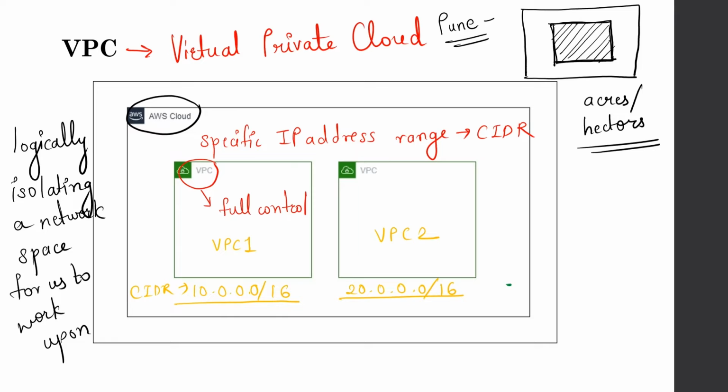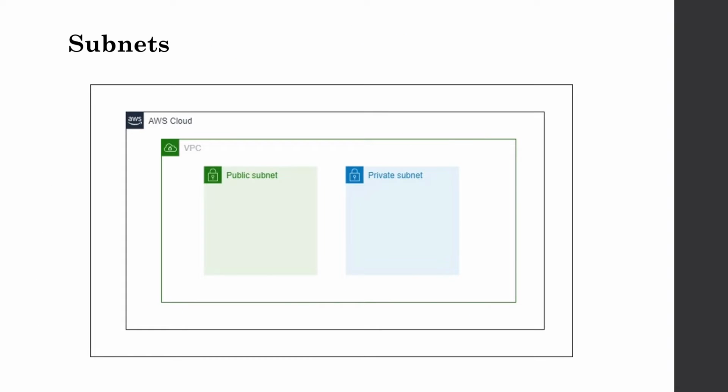While writing the Terraform code, you will notice how we are going to specify the CIDR ranges as well over here. Okay, so this concept is quite simple. You just need to keep in your mind that it is a logically isolated network space designed for a particular or specific project where you get full control over it, and you need to assign a CIDR range to it. Simple.